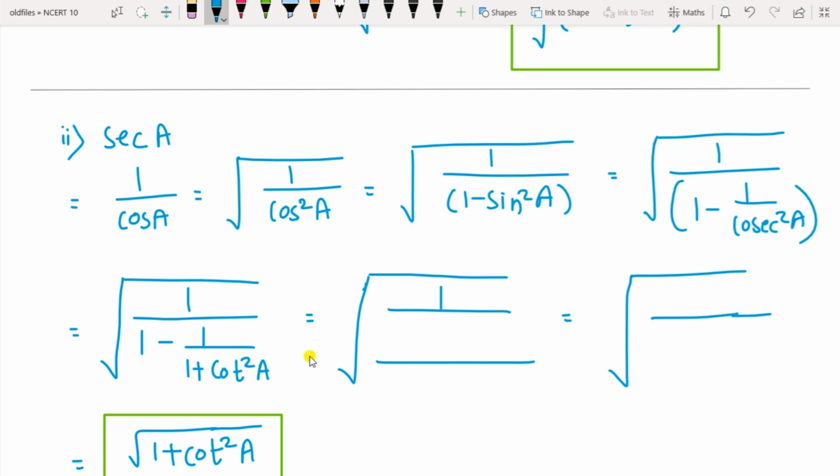It will be 1 plus cot square A minus 1, the whole upon 1 plus cot square A.